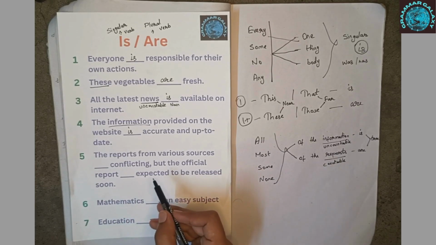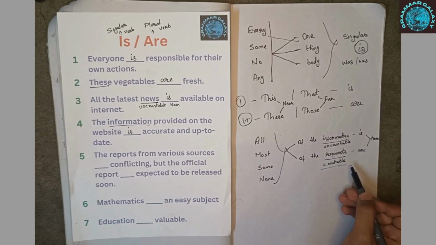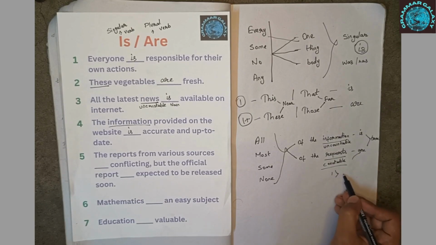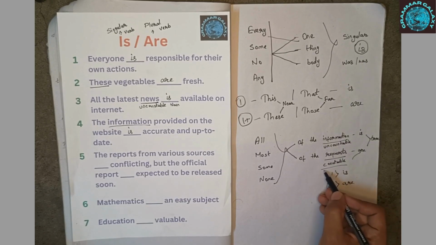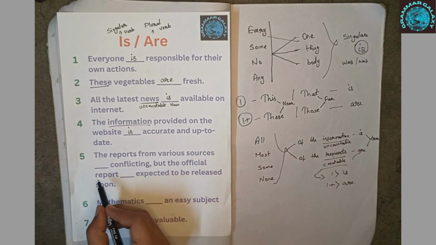We learned that reports is a countable noun, right? And we use are with a countable noun. See guys, it is a very basic thing. If it is one report, then we must use is, and if it is more than one, then we must use are. So here, reports are indicating that it is many reports that have been collected from different sources.